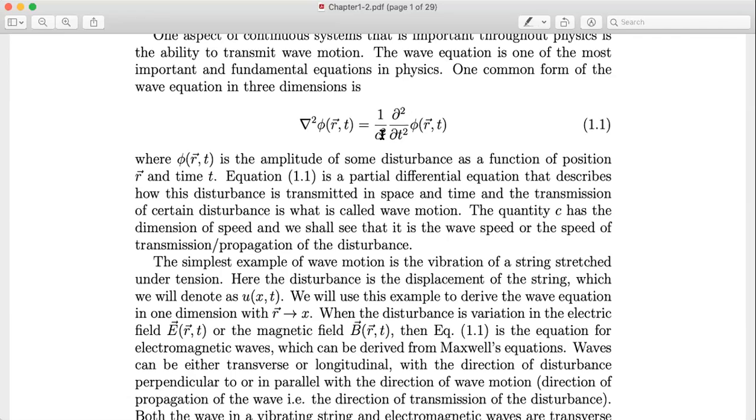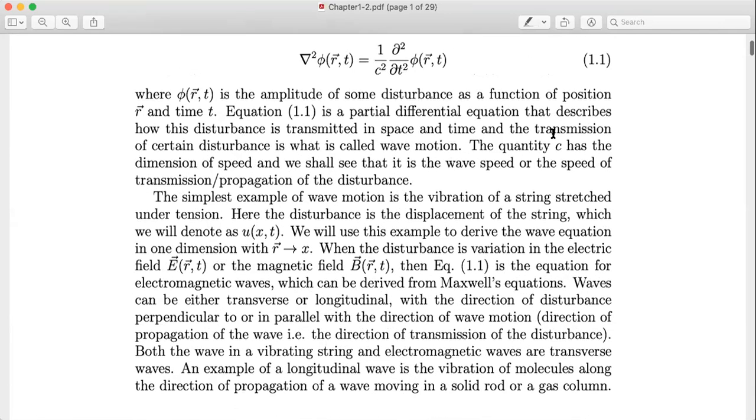So c is also of the dimension of speed, and as you learned from your previous course, like in physics 3051, for this wave equation, c is indeed the speed of the wave, or the speed of transmission and propagation of the disturbance.